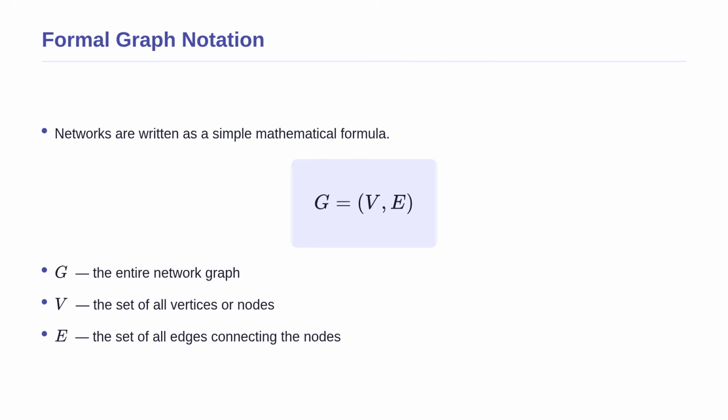In this formula, G stands for the graph, which is the entire network itself. The symbol V represents the set of all vertices, the dots in our system. The symbol E represents the set of all edges, the lines connecting those dots. If the number of edges increases, the network becomes more complex, with more possible routes.